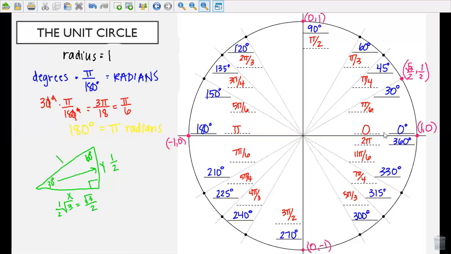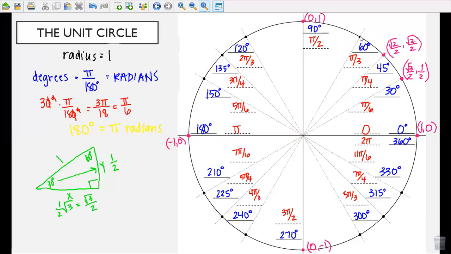All right, so all of these values that I'm about to write in come from our special right triangles, and it's just a matter of looking at the ratio for your special right triangles. Like this one's a 45, 45, 90, which means I know that x and y have to be the same. And so that's going to be √2 over 2, comma √2 over 2.